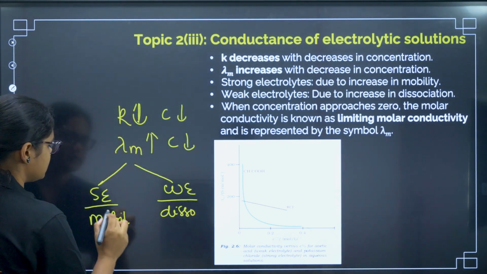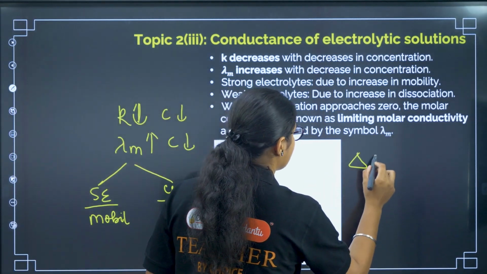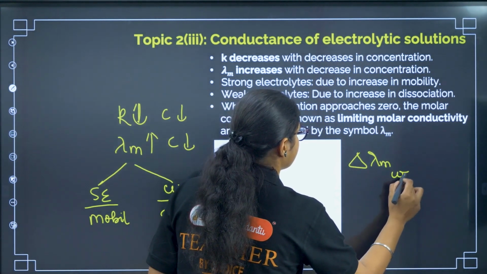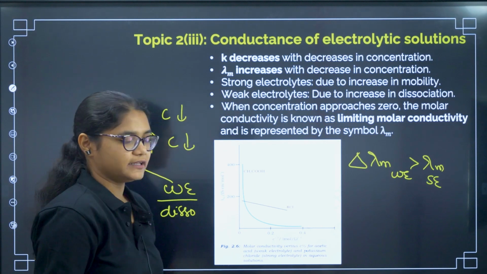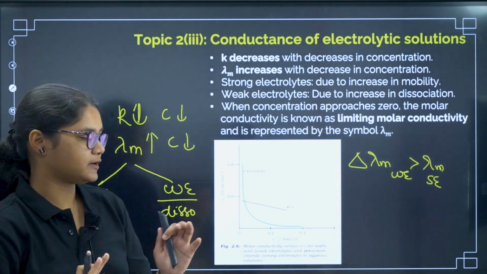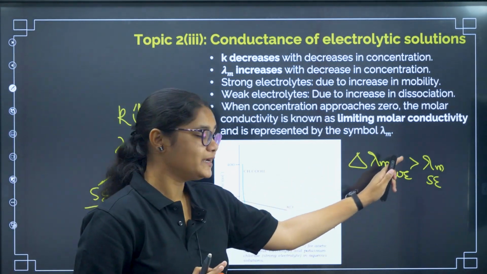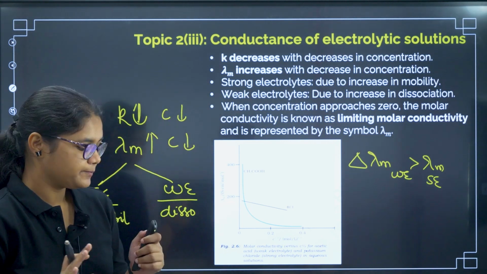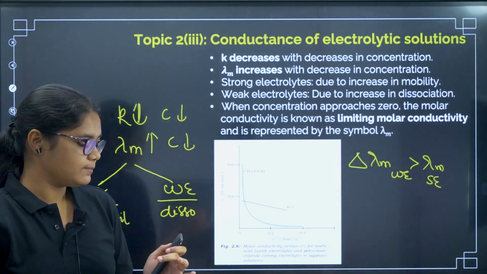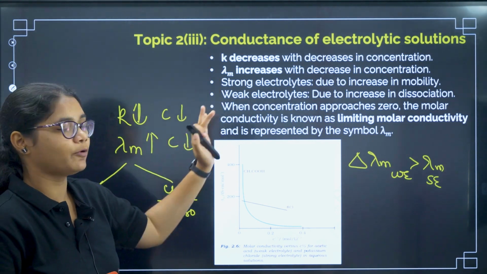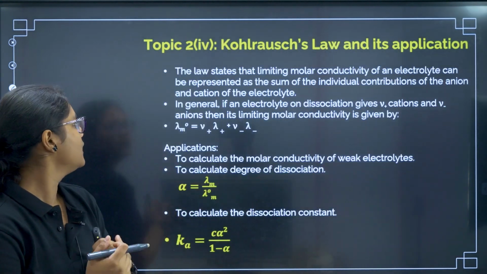The increase in lambda m, delta lambda m, is more for weak electrolytes than for strong electrolytes. See, I have explained everything in this topic which is required for the exam. So please learn these 4 points, very important points.